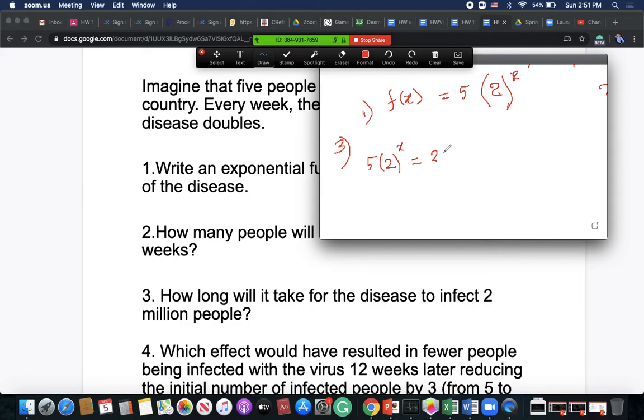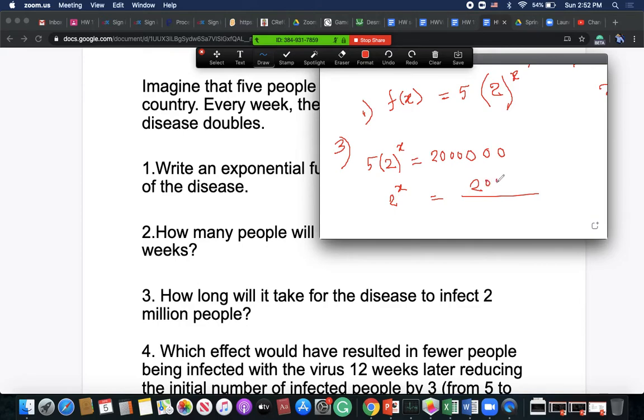That means 2,000,000. Yeah, so this is 2 million. Then 2^x equals, first we divide this number by 5. We can also write 10^6.